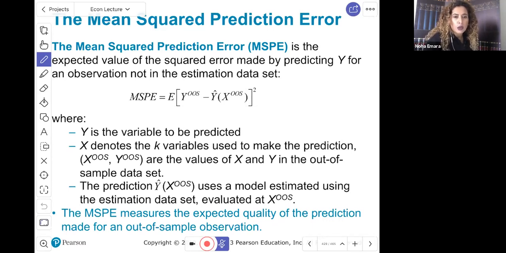So the mean squared prediction error is: I'm taking the difference between my actual y and my estimated y. This is going to be the error term. I square it up and I try to minimize it. So I want to minimize the sum of the squared errors. And since here I'm using out of sample forecast, we're calling it OOS, just a notation.